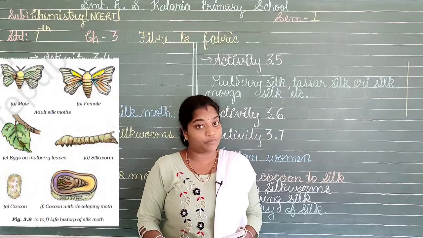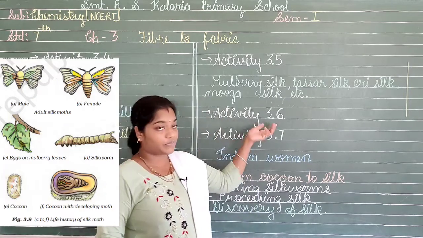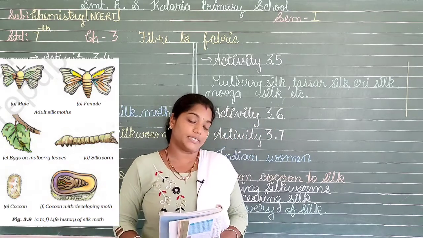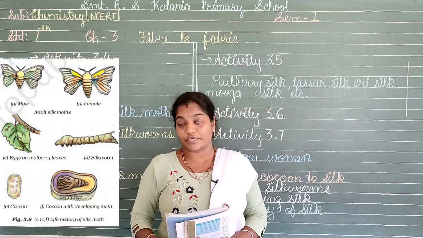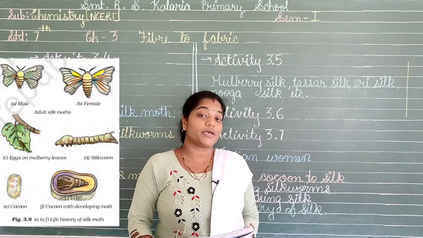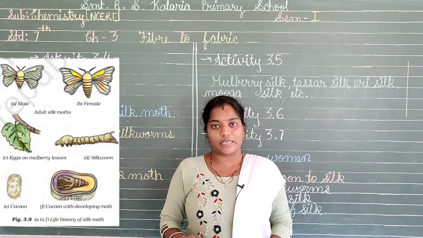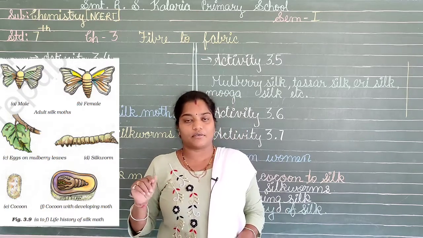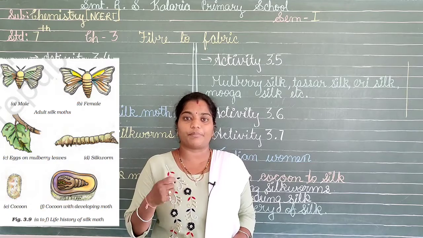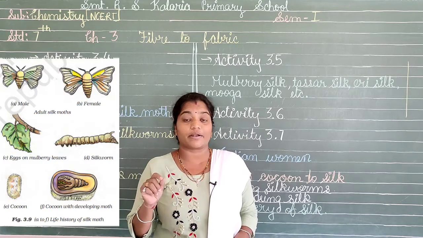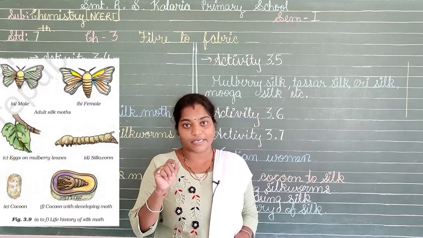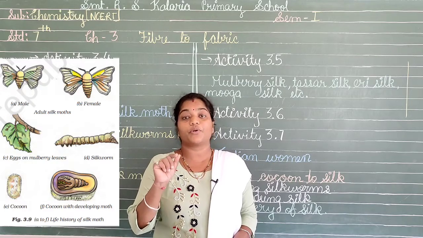Now we have activity 3.6, which is telling us what type of smell will appear if we burn a silk thread and a woolen thread. If it is pure silk, it will not smell like burning paper, but like burning hair, because after all it is a hair-like portion of protein.